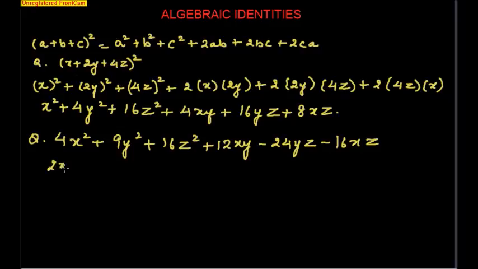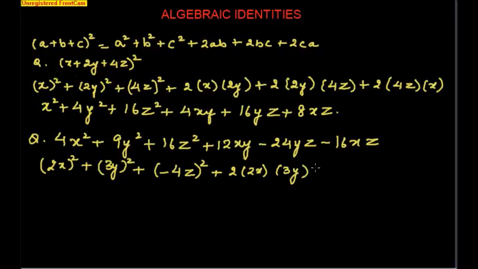So that means I can write it as (2x)² + (3y)². Because we just concluded that z has the minus sign, 16z² can be written as (−4z)², plus 2 into 2x into 3y, or rather you can write 2 into 3y into −4z plus 2 into 2x into −4z.